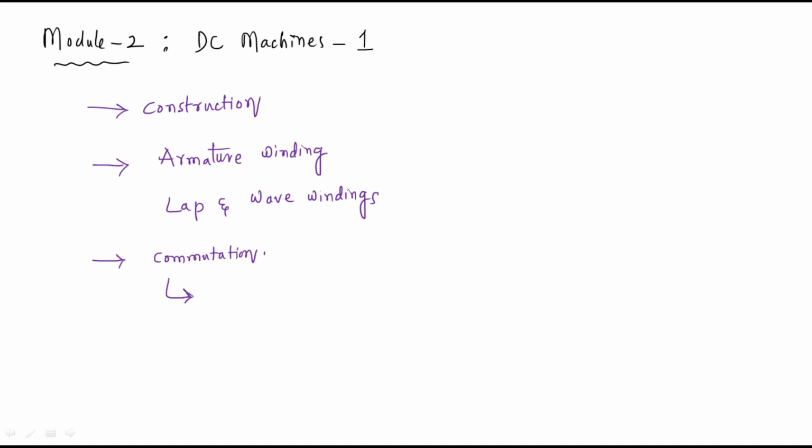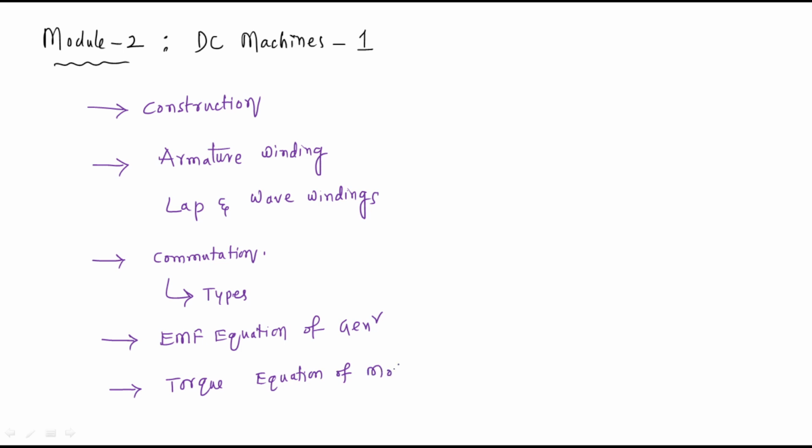So in this we have to discuss types of commutation and EMF equation of generator and torque equation of motor, and types of DC machine.